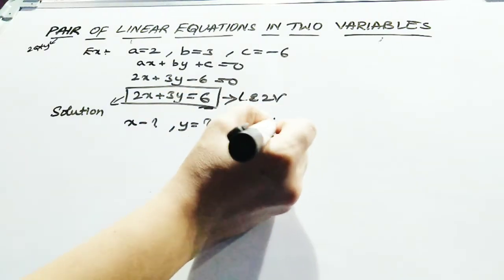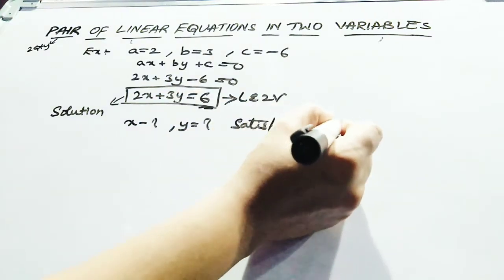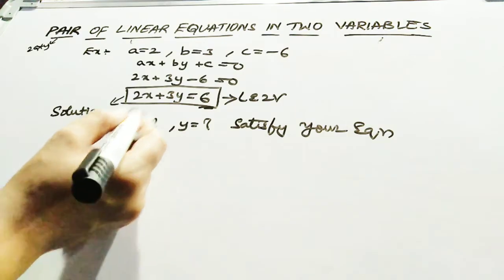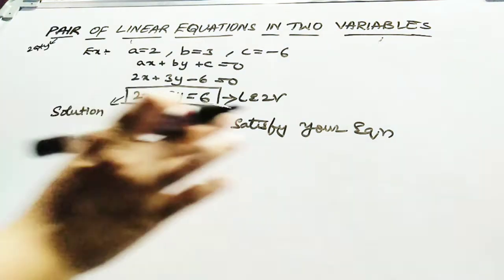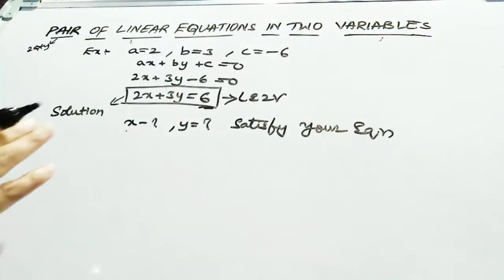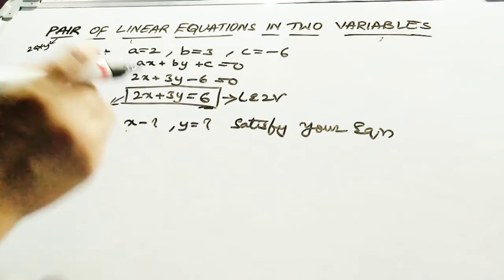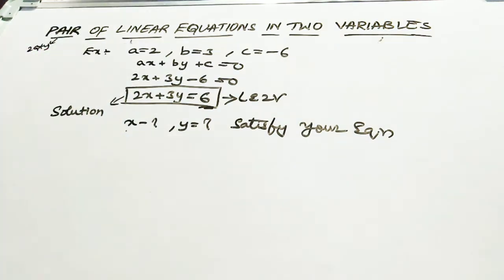That is called a solution. The right hand side must be equal to left hand side. If it satisfies that equation, then you will say that this solution is correct.